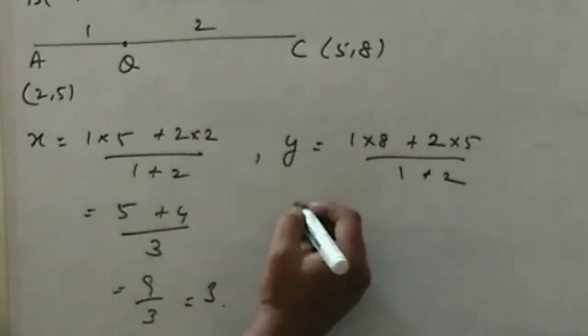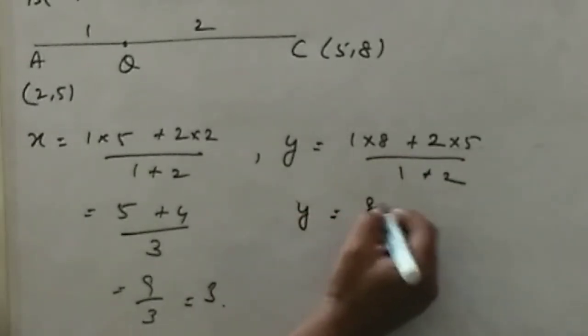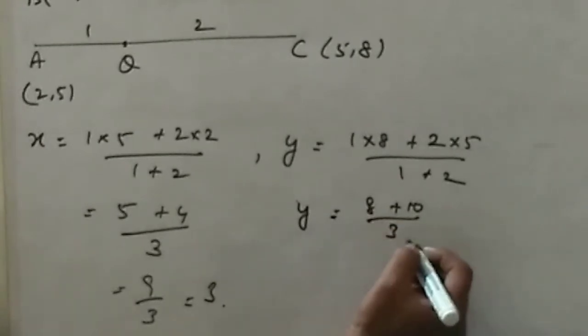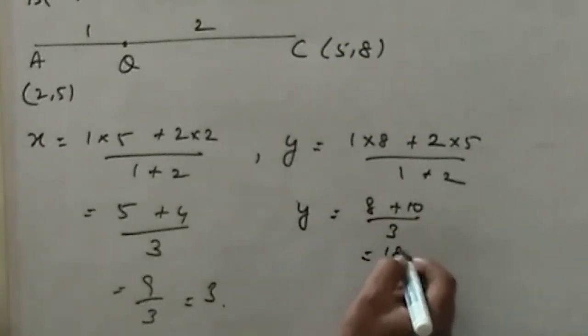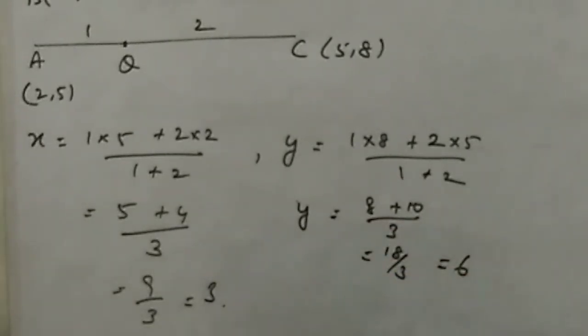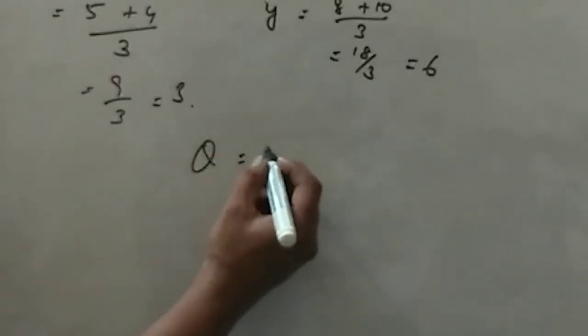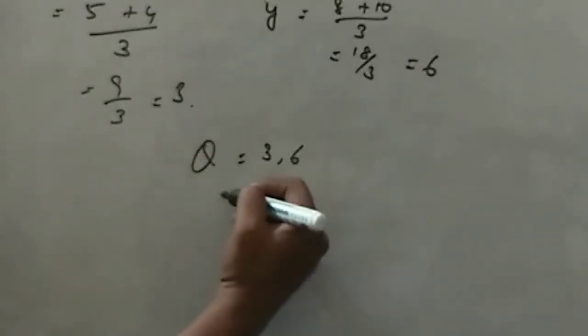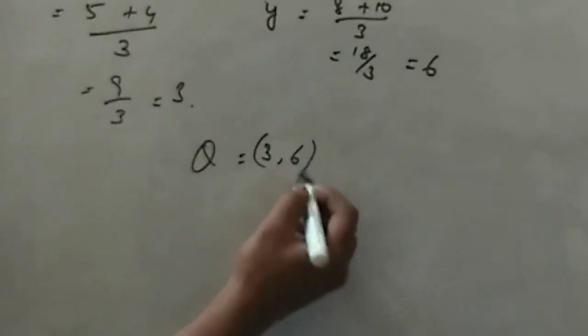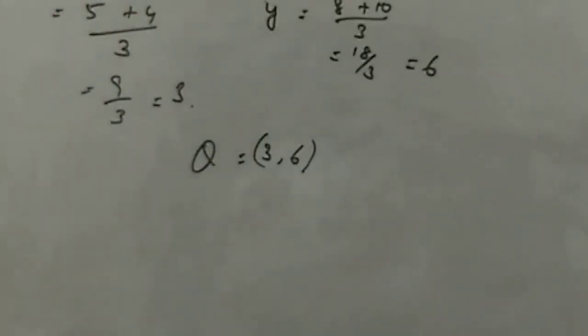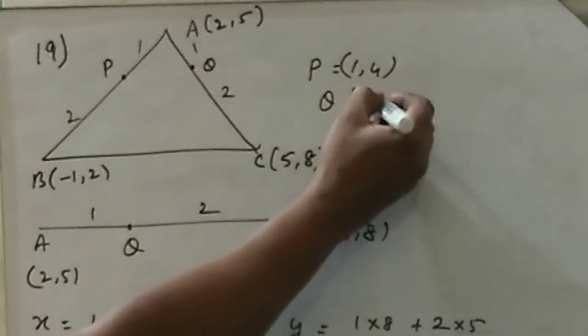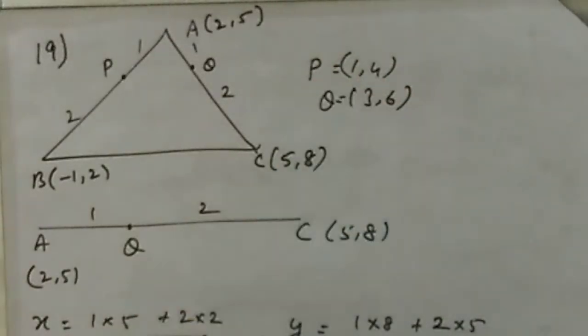And here you will get y is equal to (8 plus 10) upon 3, that is 18 upon 3 is equal to 6. So what is Q? (3, 6). Understood? So Q is (3, 6).